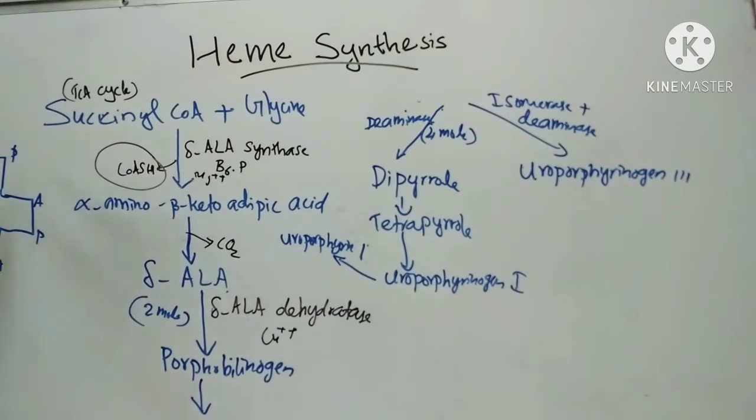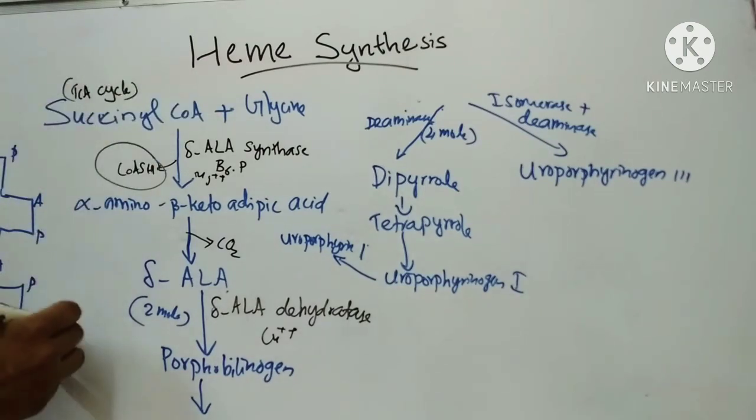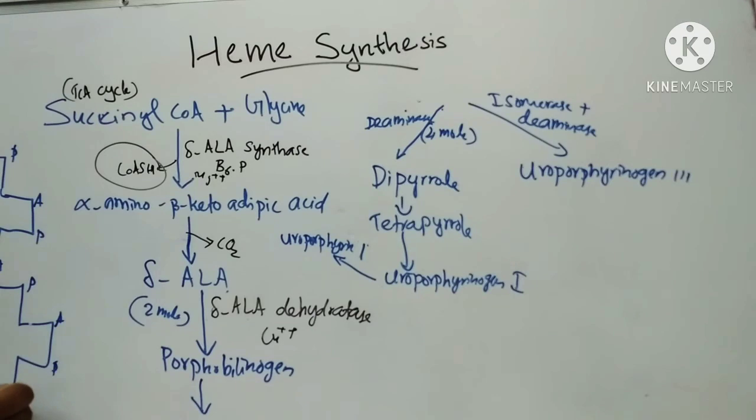The difference between uroporphyrinogen 1 and 3 is in the fourth pyrrole ring. In the fourth pyrrole ring, the acetic acid and propionic acid side chains are reversed. Here it will be AP. That is the difference between 1 and 3.